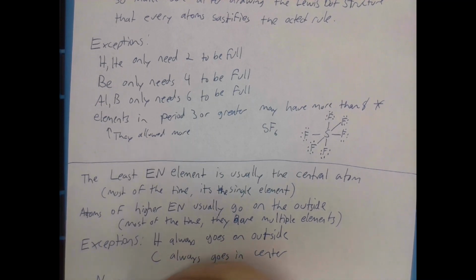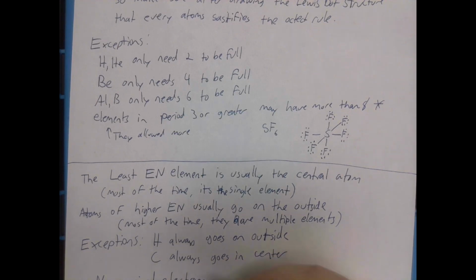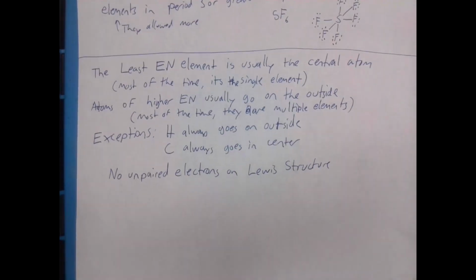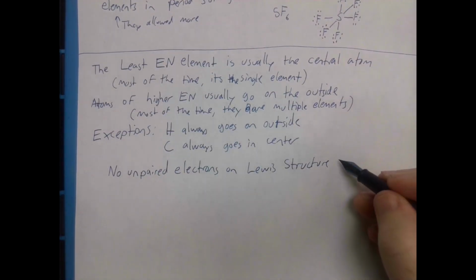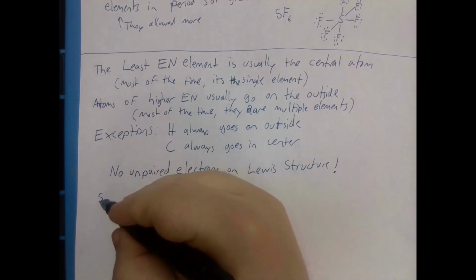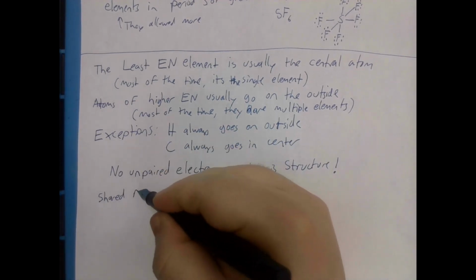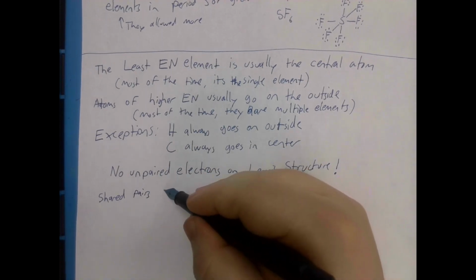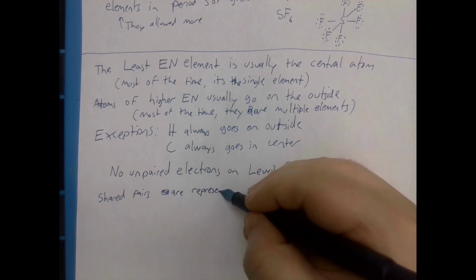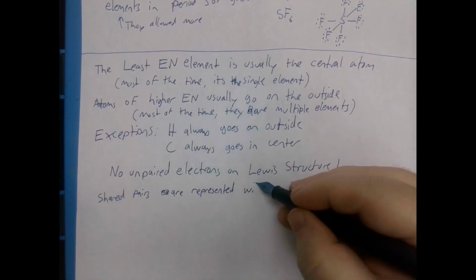No unpaired electrons on a Lewis structure. Shared pairs are represented with a line.